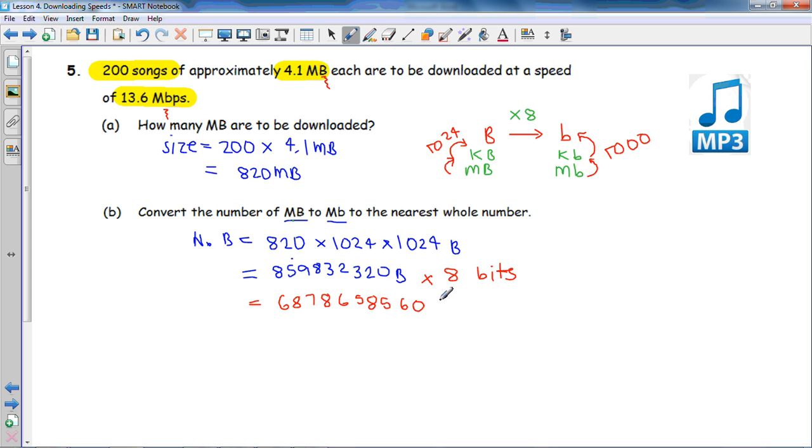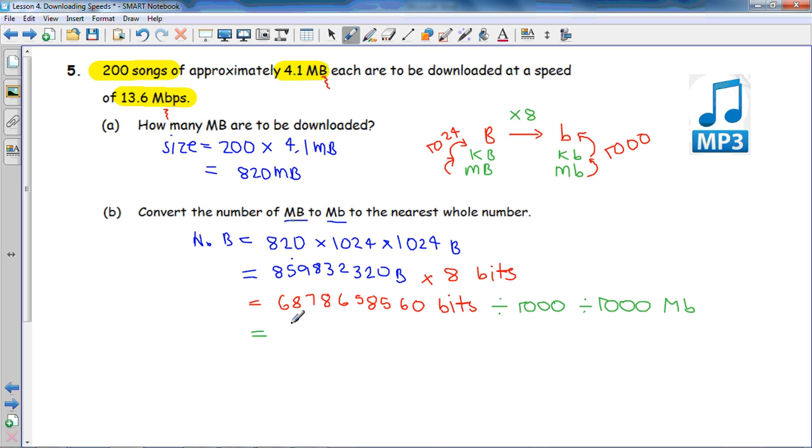58560 bits. It's now going from bits to megabits. I'm now going to divide by 1000, and I'm going to do that twice to get me to megabits.